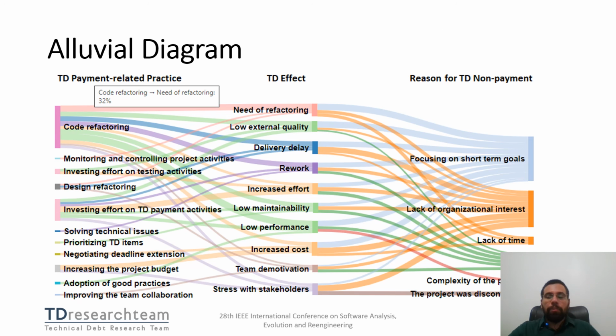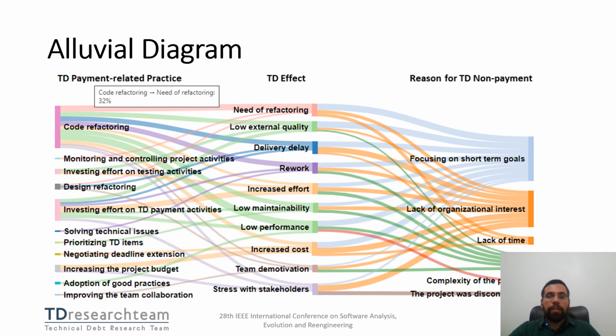To make our results more feasible to use in practice, we organized the relationship between practice, effect, and reasons in an alluvial diagram. The diagram is composed of nodes and links. We represent practice, effect, and reasons as nodes, while the relationships between them are links.